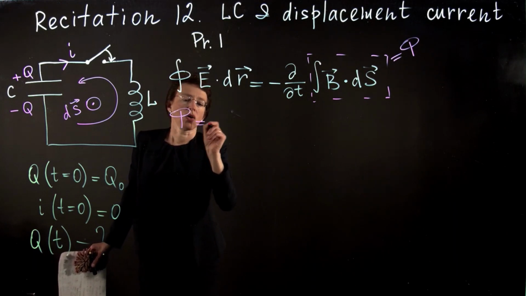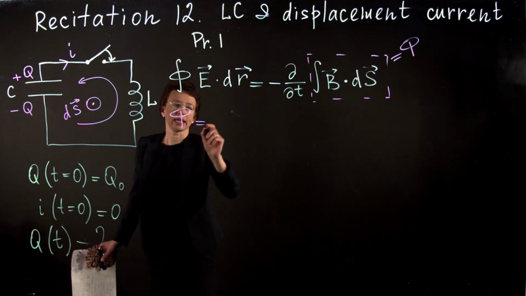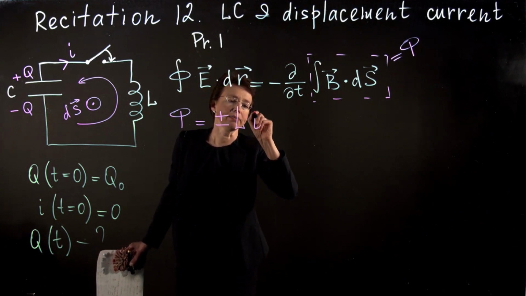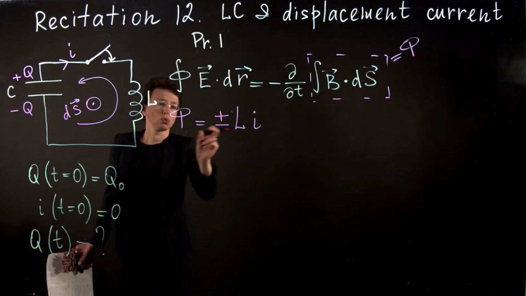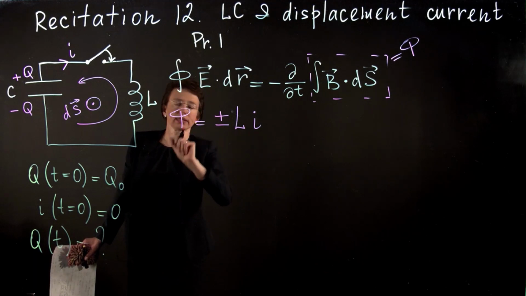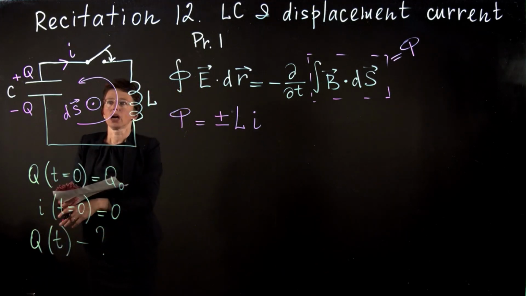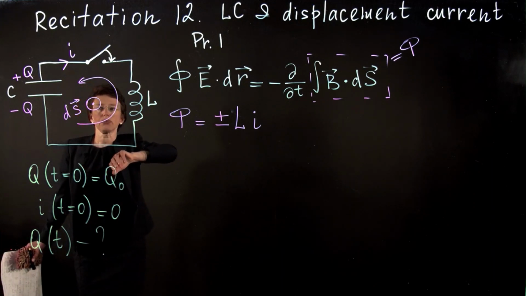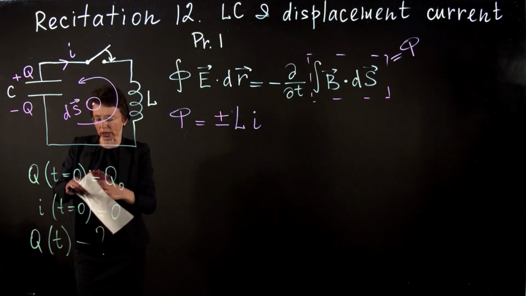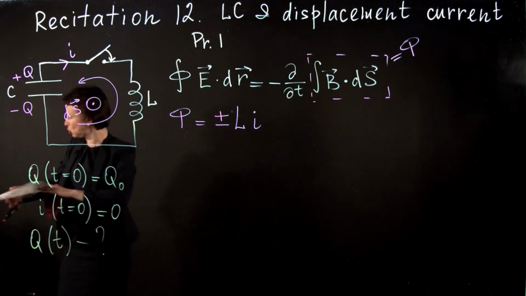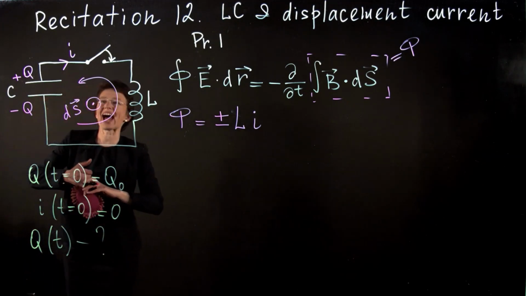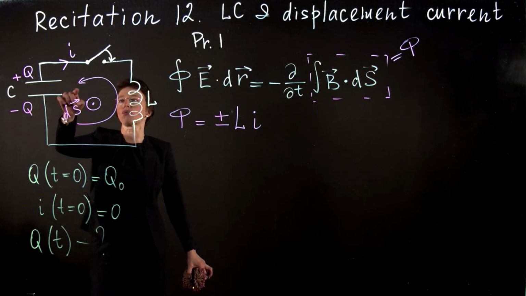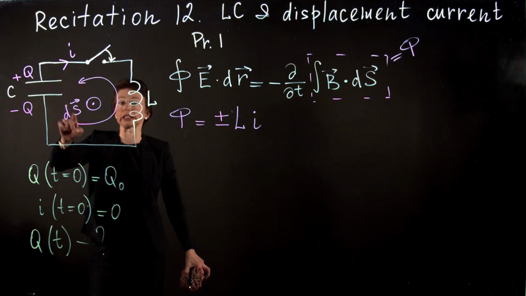The flux of the magnetic field is plus or minus Li. Which sign do we choose, plus or minus? I have current in the clockwise direction. You need to use your right hand to figure out the direction of the self-induced magnetic field.